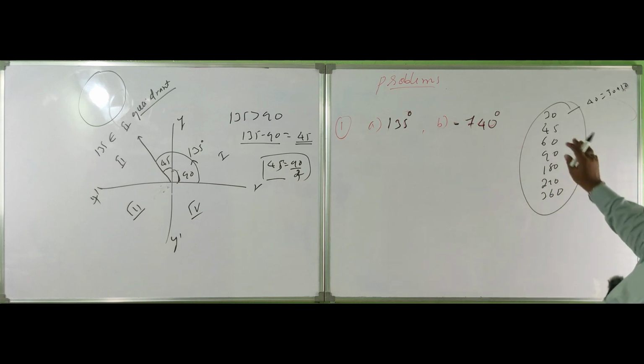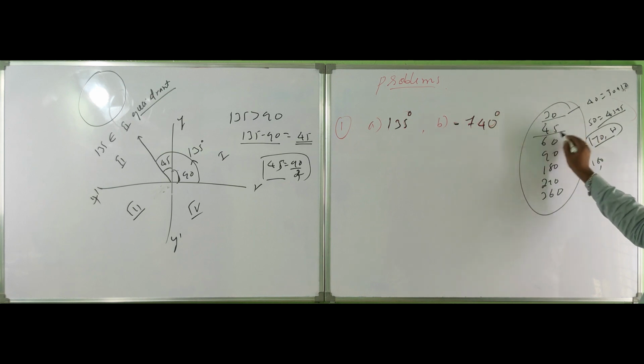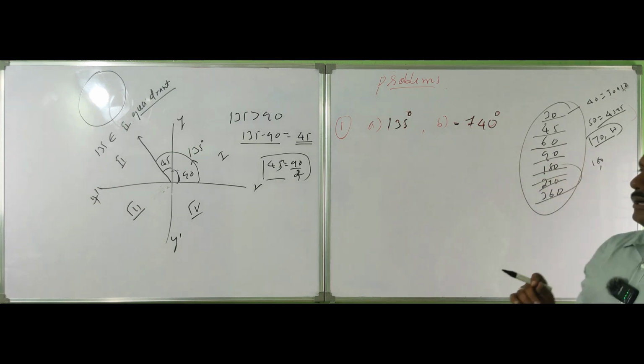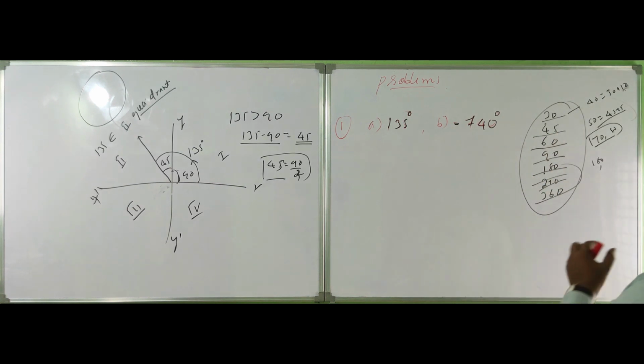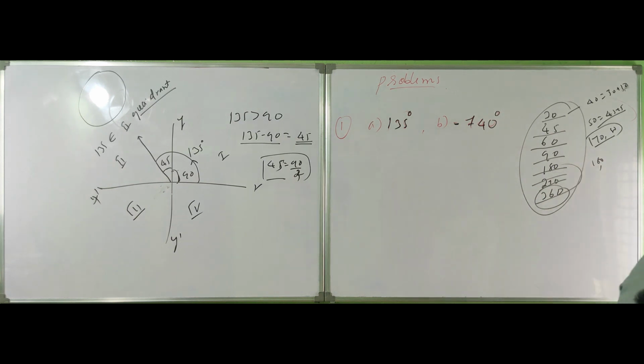For 50 we can write 45 plus 5, just above the 45. For 80, it is near 90. You can take reference angles, whatever value is near to these, to find the position easily.